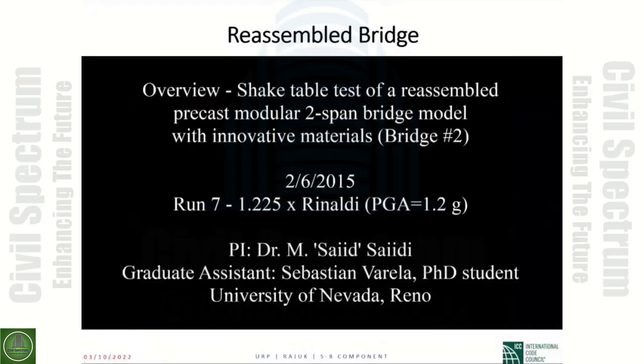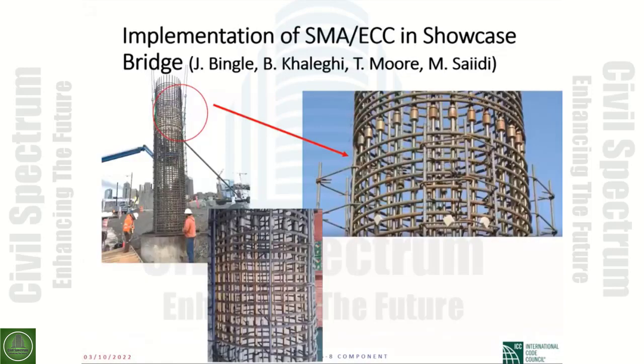Now, the concept of using shape memory alloys and ECC, even though not in the form of elements, is something that we have been working on for some time. And we were fortunate to implement that in a real bridge in Seattle, Washington.